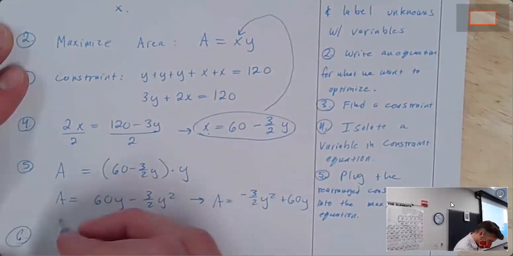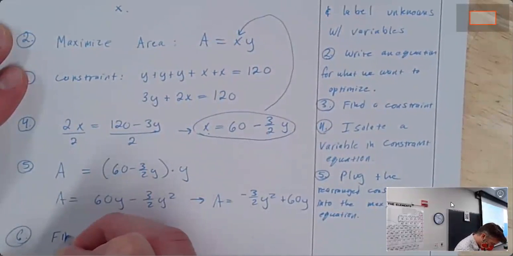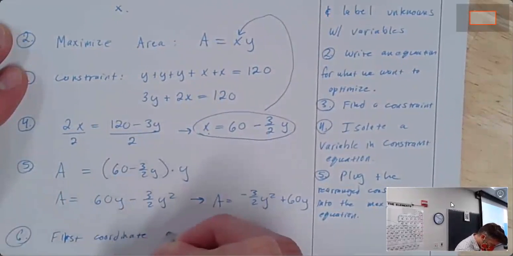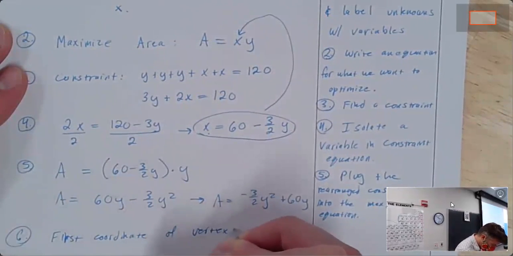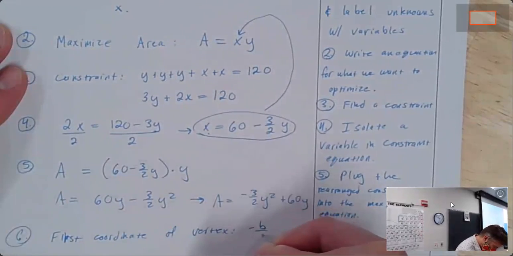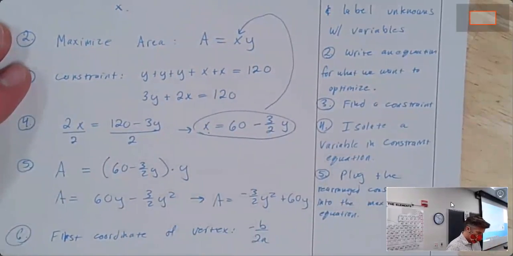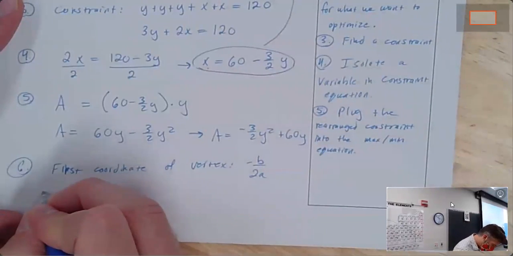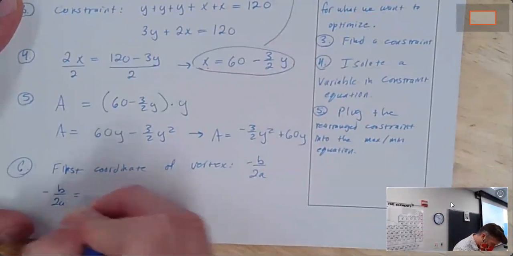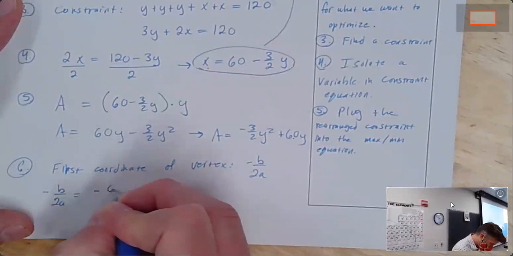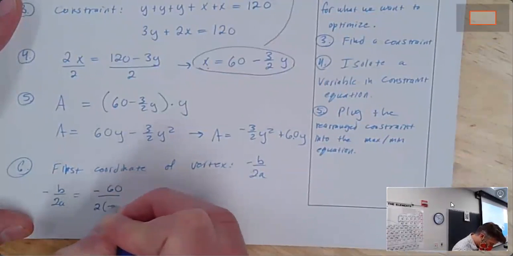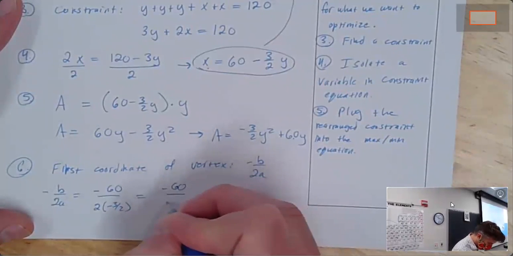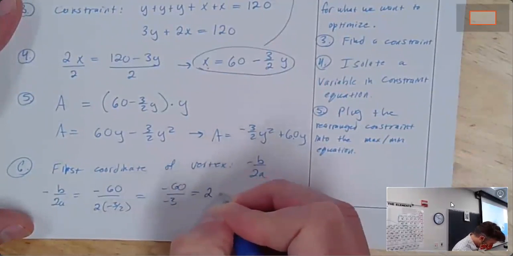It is just going to be negative b over 2a, which is negative 60 over 2 times negative 3/2, which is negative 60 divided by negative 3, which is positive 20.